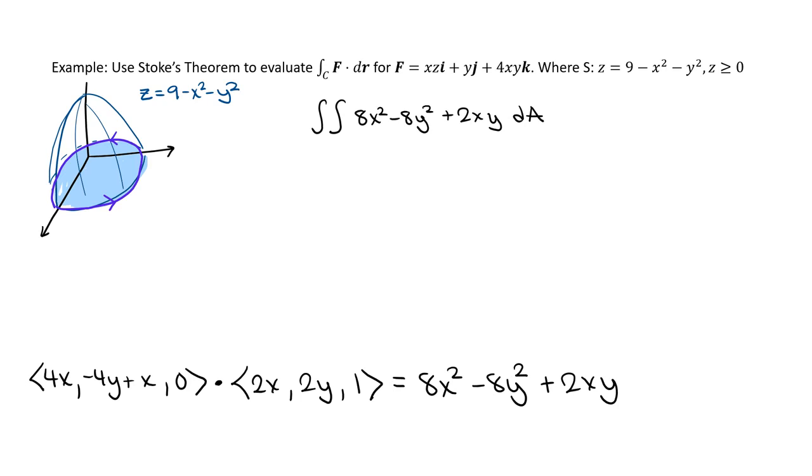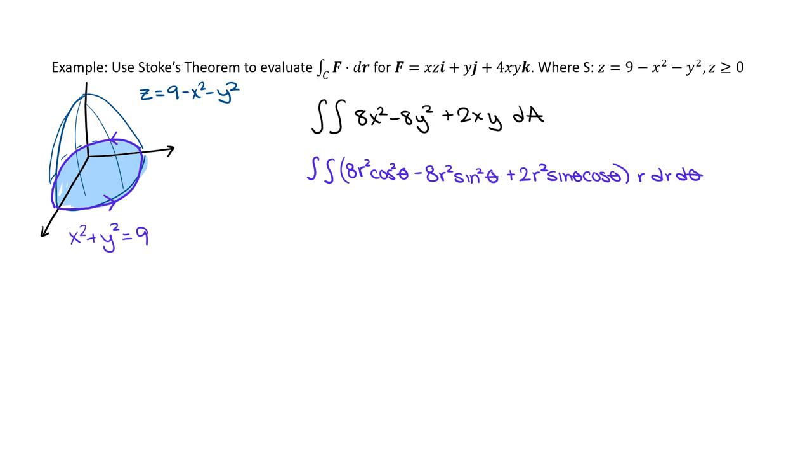So I've shaded it in blue, the projection of that surface in the xy plane. So we're going to be integrating this over a circle. It would be a circle of radius 3. You can see that if you plug in 0 for z into our surface. So that's the circle that we're going to be integrating over.